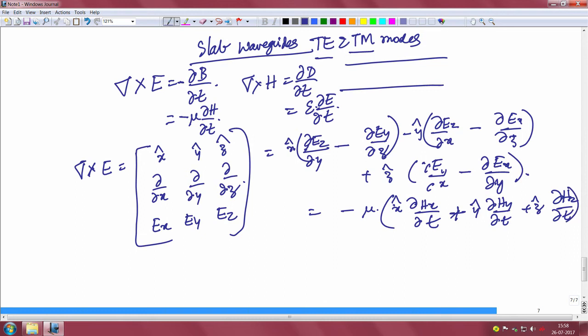So, we can equate the x components, y components and z components separately, and similarly the same exercise for del cross H. Using matrix we can write it by looking at the symmetry and replacing the electric fields with the magnetic fields.